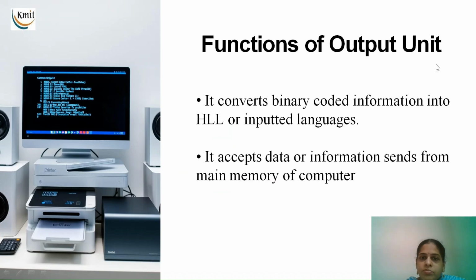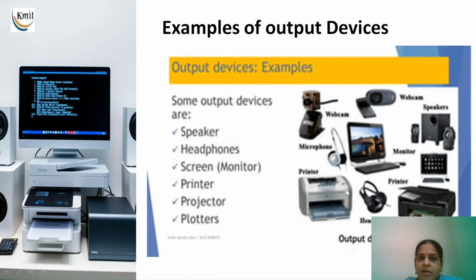So the functions of the output unit are: it converts binary coded information into human readable language, and it accepts the data or information from the main memory of your computer. Coming to the examples of output devices through which the user gets the output from the computer: the speaker, headphones, monitor, printer, projectors, plotters.